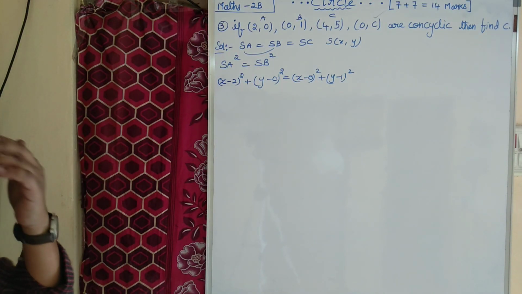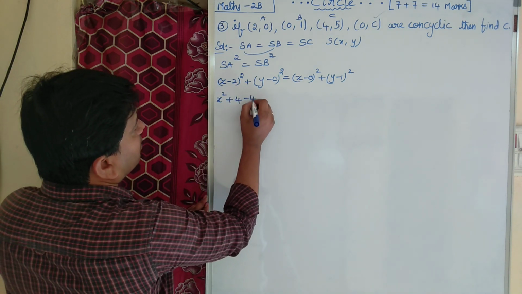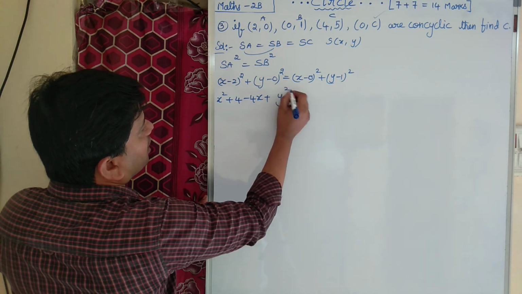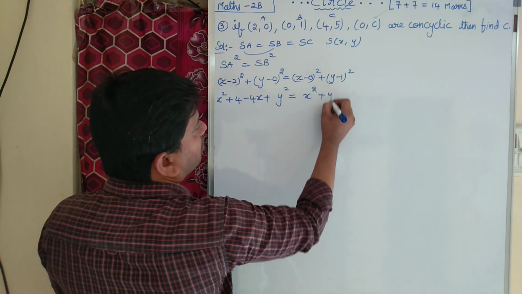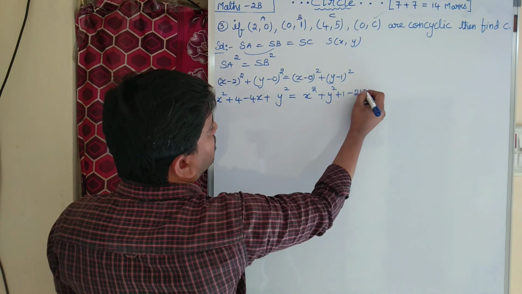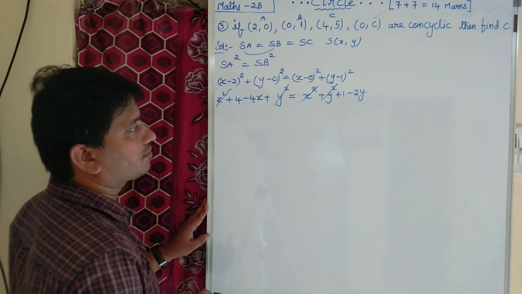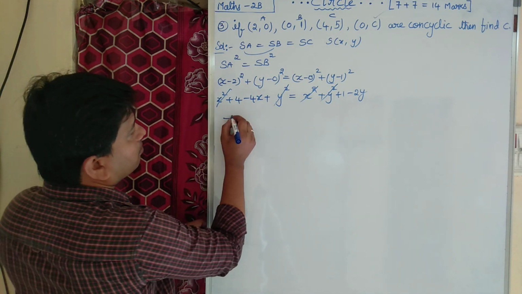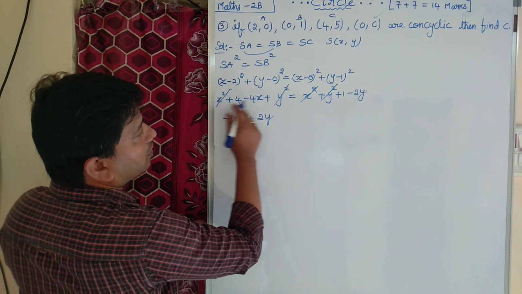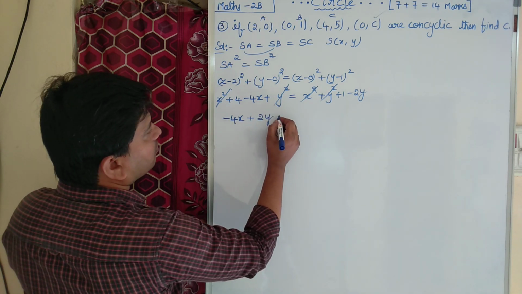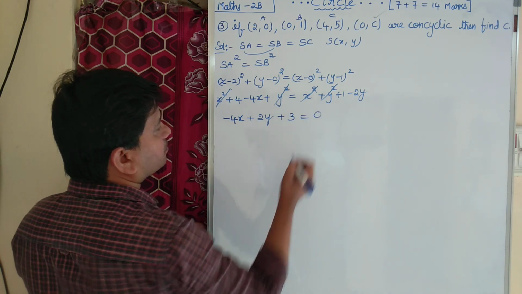Okay, children. So (x minus 2) whole square means a square plus b square minus 2ab. y minus 0 means y only. x minus 0 means x only. Again (a minus b) whole square, a square plus b square minus 2ab. x square cancels, y square cancels. So we have here minus 4x minus 2y, transpose plus 2y, 4 plus 1 comes to this one means minus 1, 4 minus 1 is 3, which is plus 3 equal to 0.